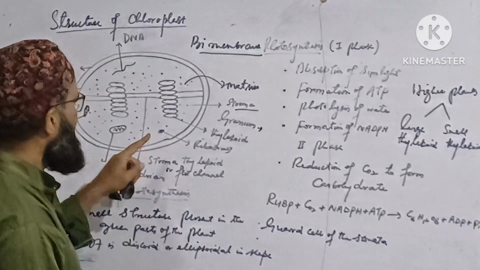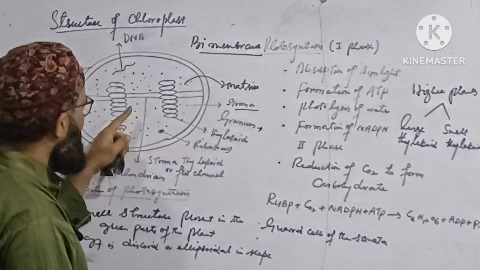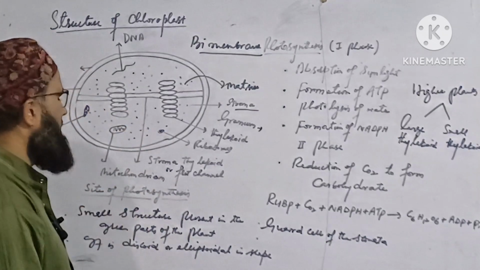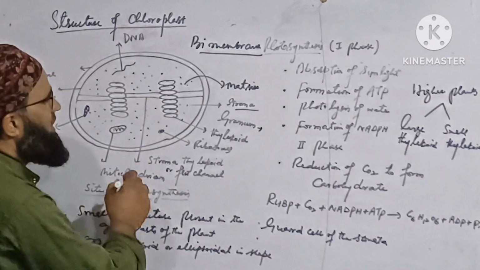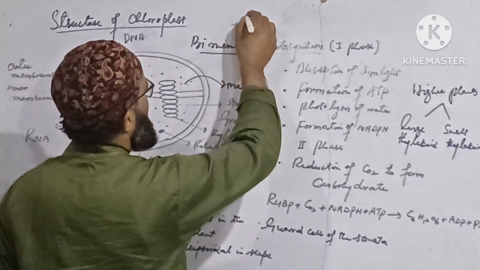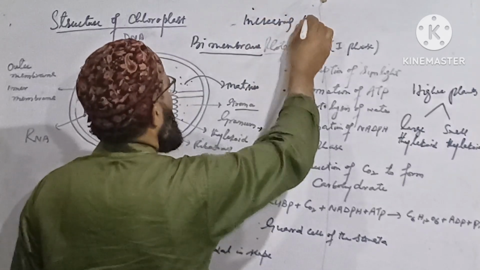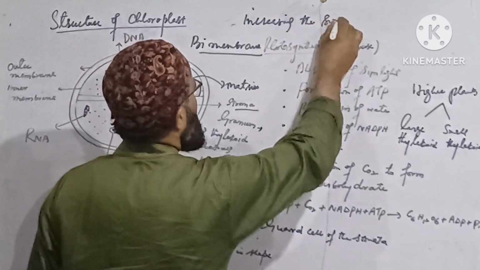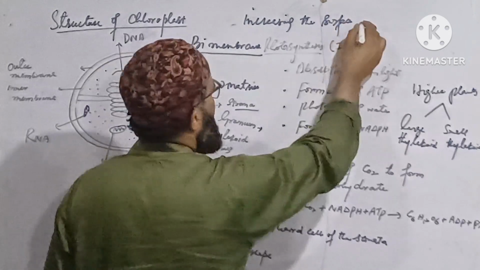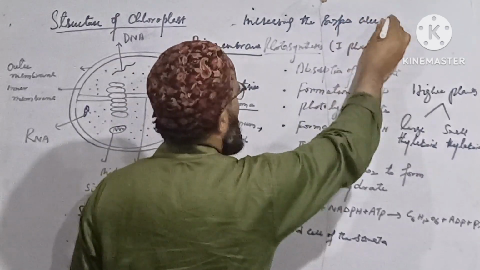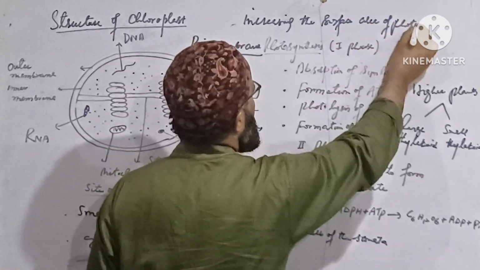After this, what is the function of this stroma thylakoid? Stroma thylakoid helps in increasing the surface area of photosynthesis.